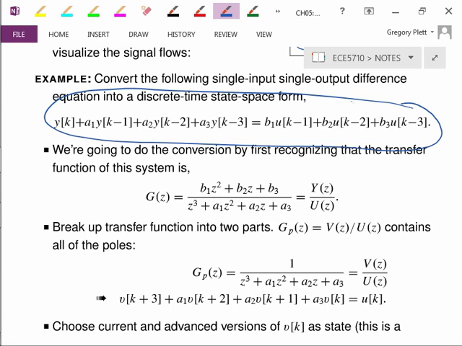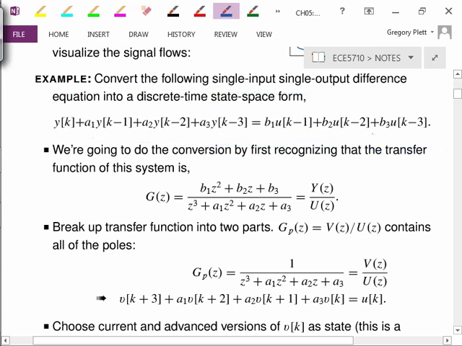Also, we'll see that the state space form is not unique, and there are ways to transfer from one state space realization of a system to an alternate state space realization of the same system. These are the most critical concepts before we can really delve into the material of this chapter. So if you will, why don't you follow through this example to the best of your ability, and hopefully it will be illustrative to you.